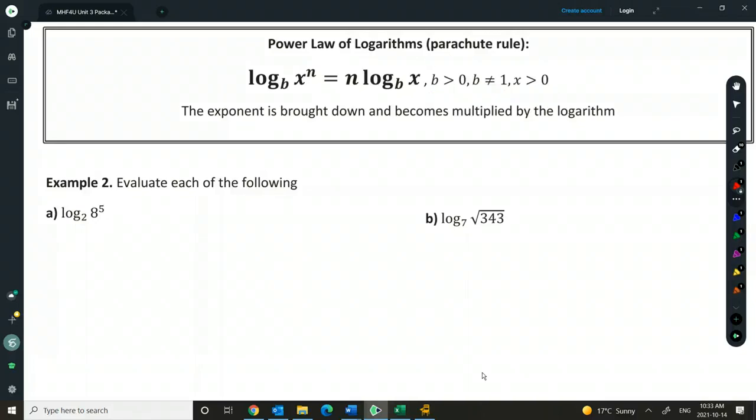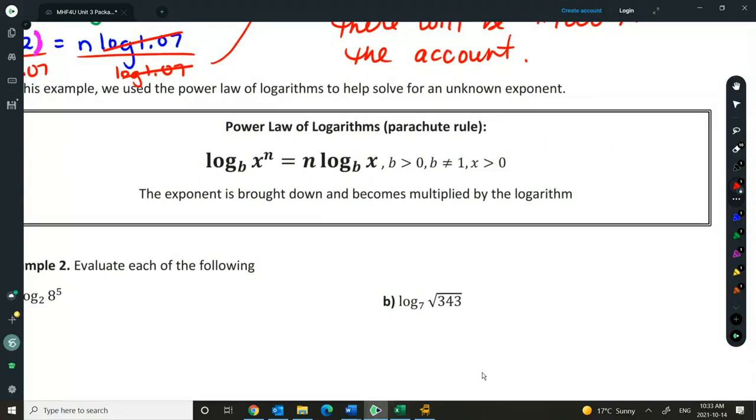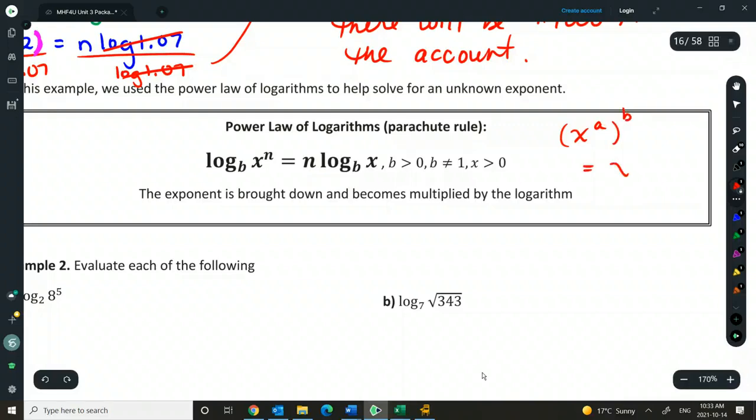Part of this actually comes from, so we talked about how logarithms and exponentials are inverses, right? What do I do when I have an exponent on an exponent? We reviewed this last lesson. What happens when I have x to the a to the b? Kenzie, what do we do? We multiply the exponents. And what's the answer to any logarithm?